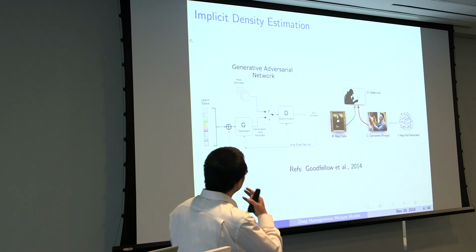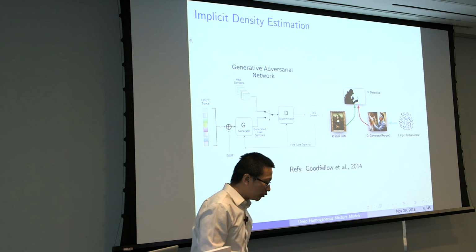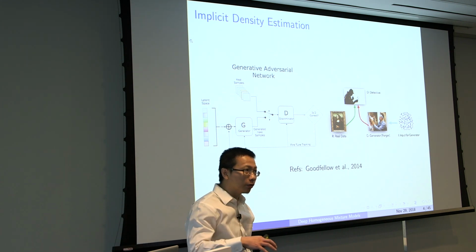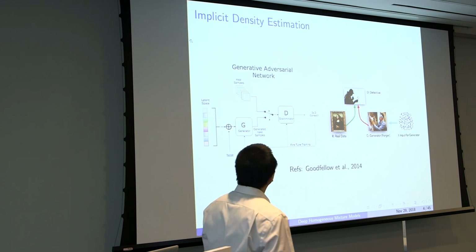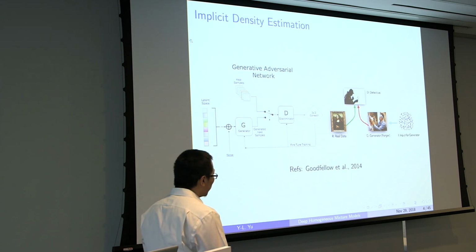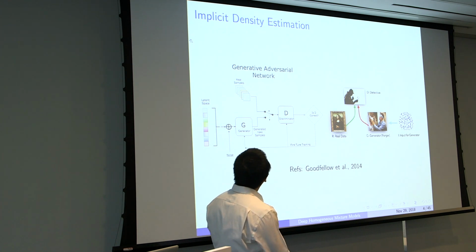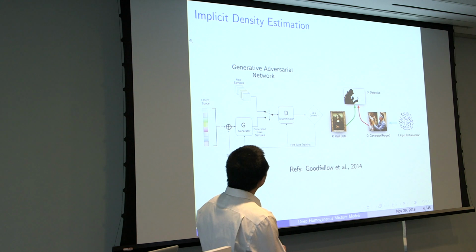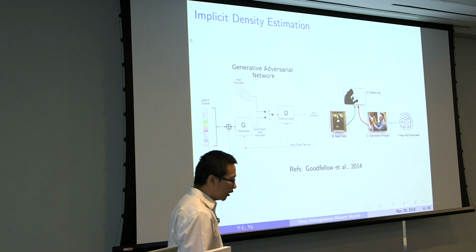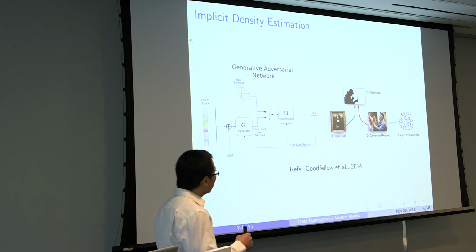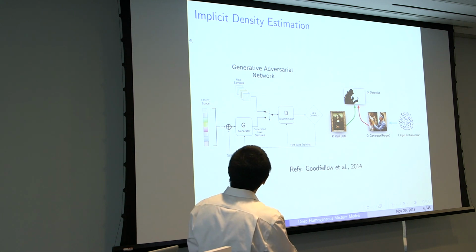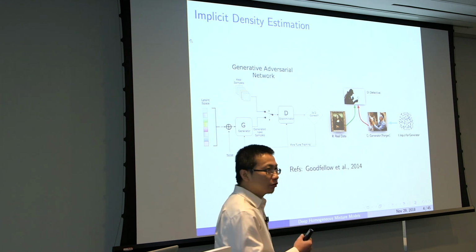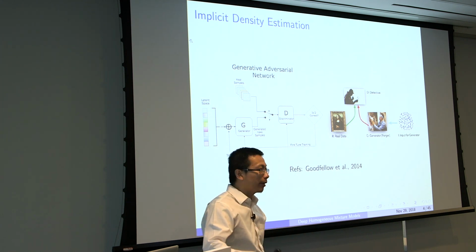Okay, so this is just a very quick overview of what people have done for estimating density functions in the machine learning community very recently. There's one work by Goodfellow and his co-authors in 2014 where they proposed the generative adversarial network. In this type of method, you try to transform a source distribution, which is usually noise, to the target distribution, the distribution that you want to estimate.